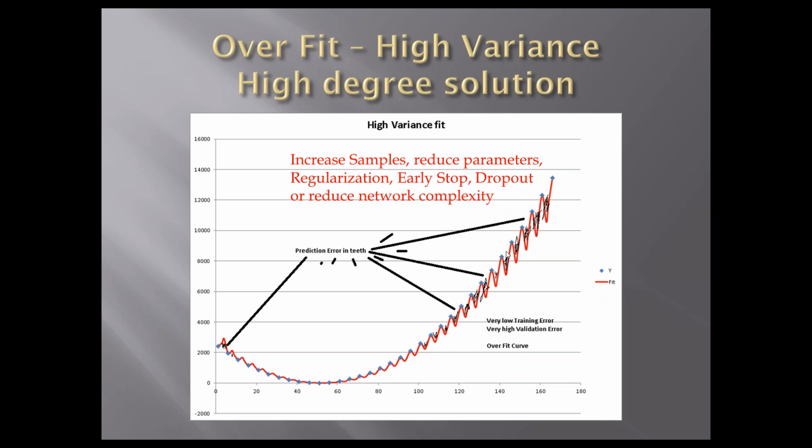So you're creating such a complicated curve that it absolutely matches your training data set. But if you try to add a point anywhere in between, you're going to get a very large error, because the curve has so many dimensions of freedom that it has done something completely different than what you would expect. So it will not generalize between those data points.